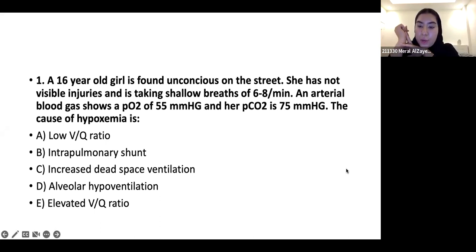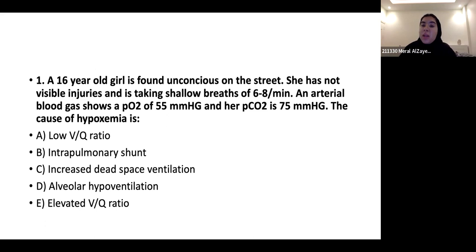The correct answer, however, is D. Alveolar hypoventilation. Why is this the cause of hypoxemia? Because here it shows that the patient's partial pressure of oxygen is 55. What should the normal arterial partial pressure of oxygen be? Yeah, 90 to 100, okay, because 90 should be the normal partial pressure of oxygen in the arteries.